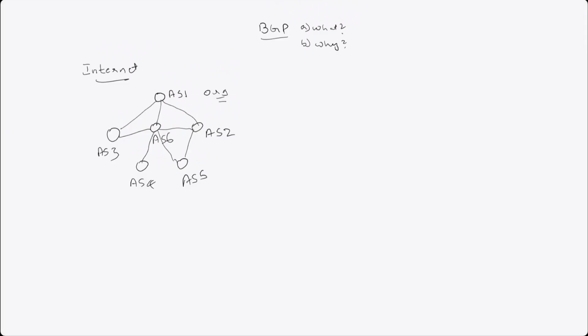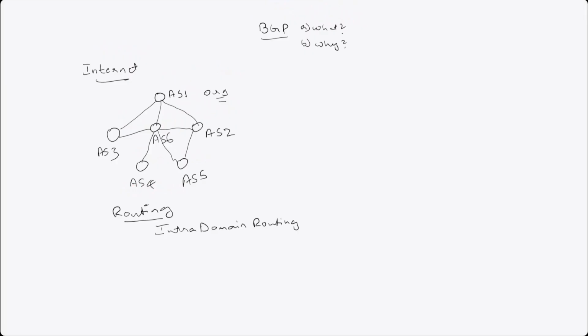When we look at the routing that happens within an AS, or within an independent network, let me quickly write that down. That type of routing is called intra-domain routing.